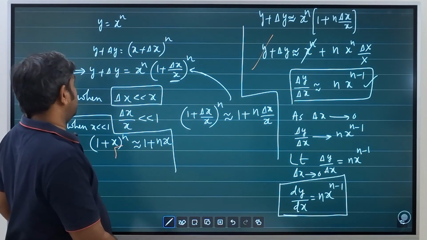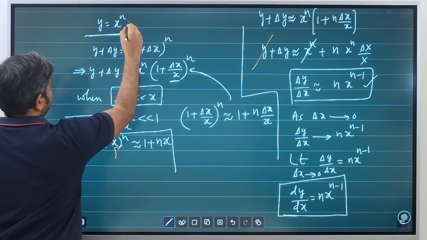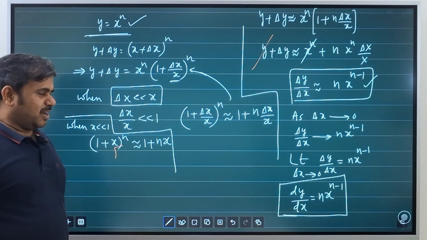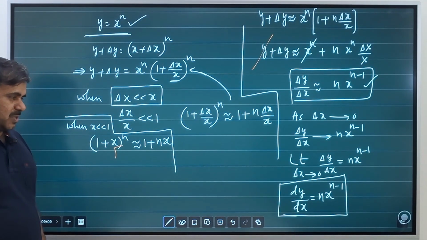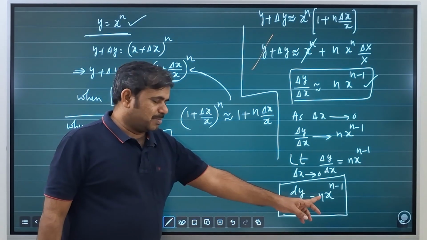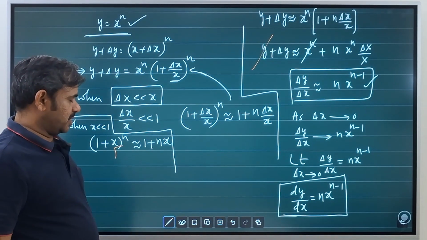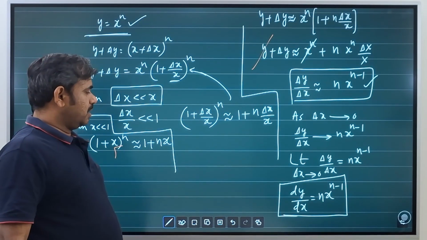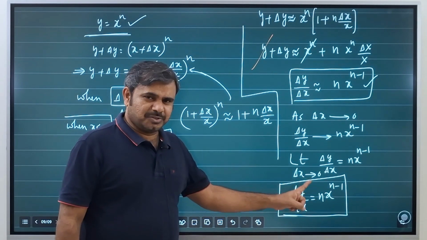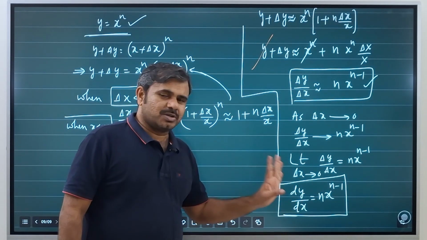For the function y is equal to x power n, dy by dx is equal to n into x power n minus 1. This is the basic formula of differentiation, the derivative of y with respect to x, or what do we call it? The rate of change of y with respect to x at a particular value of x.